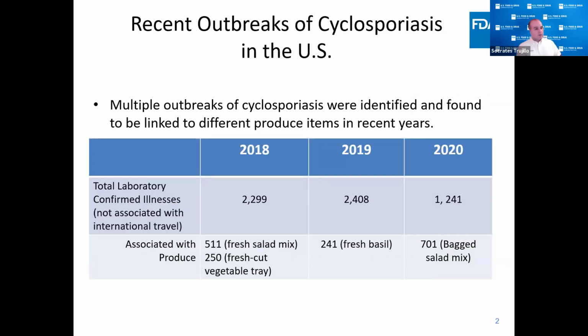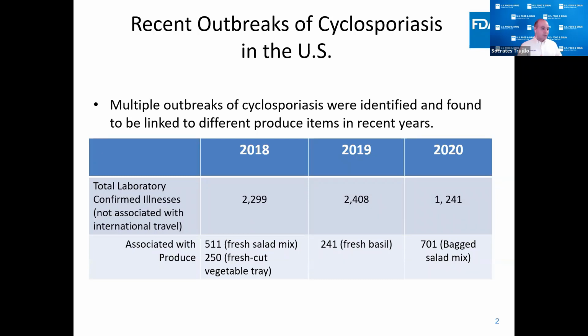First of all, I want to make sure that we all understand why we're here and what we're talking about with this specific organism. For some of you who have been dealing with this parasite before 2018, the majority of the outbreaks we had in the United States were associated with the consumption of produce grown and harvested outside of the United States.